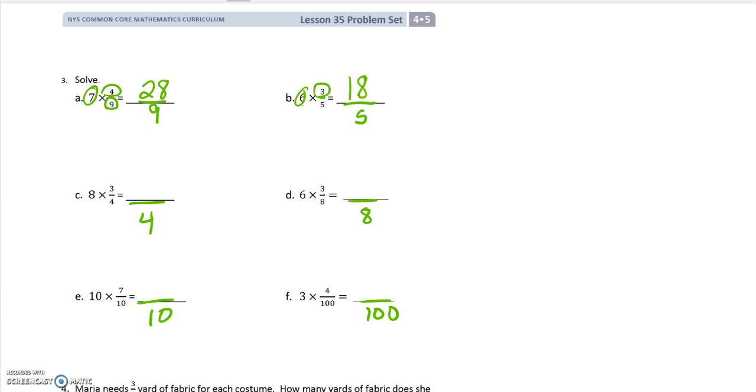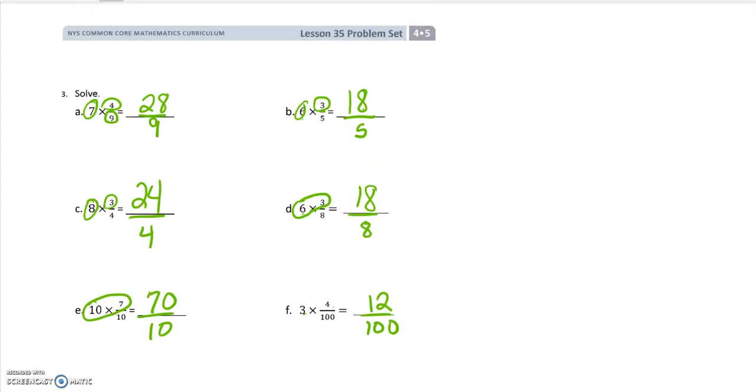Okay, that's 18 fifths. 8 groups of 3/4. 3, 6, 9, 12, 15, 18, 21, 24 fourths. 6 groups of 3/8. 6 times 3 up above was 18. 10 groups of 7/10. 10 times 7 would be 70. 3 groups of 4/100 would be 12/100.